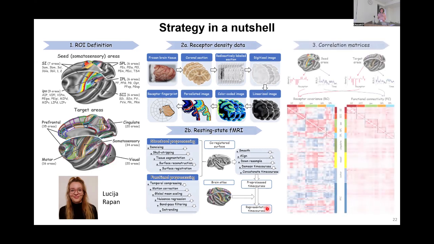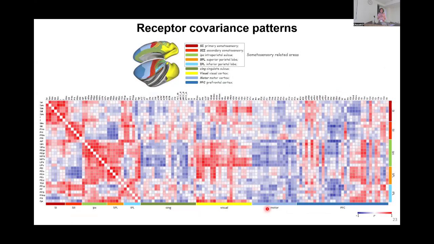And then she created a receptor correlation matrix and a functional connectivity matrix, okay? You will see throughout the slides now, I will be using the abbreviations RC for the receptor connectivity matrix and FC for the functional connectivity matrix. Now let's look at the receptor covariance matrix in a bit of detail.